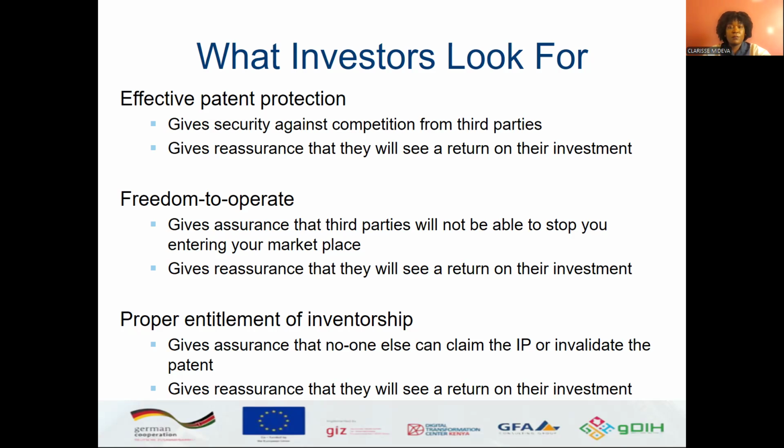And so if I'm giving a license to an investor, he is sure that he will not get other competitors in the market pulling the same strings, because already there is that monopoly right, and you are simply transferring that right to that investor. Then there is the entitlement of inventorship, which gives assurance that no one can claim the IP or otherwise invalidate that patent. So these are some of the things that investors will be looking at.